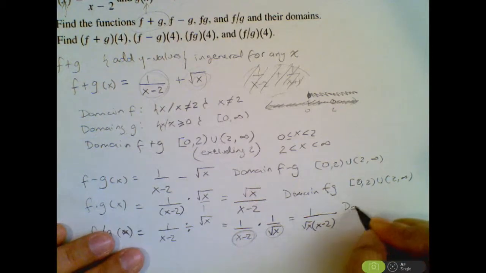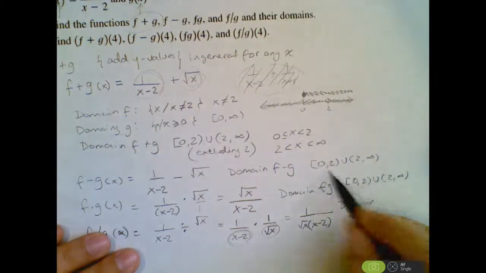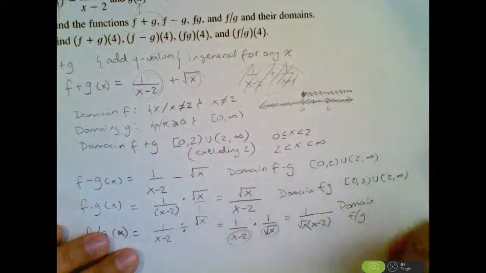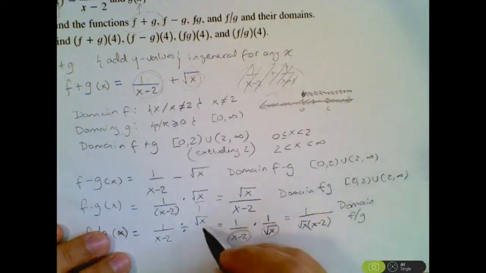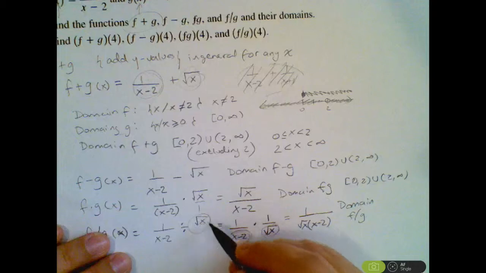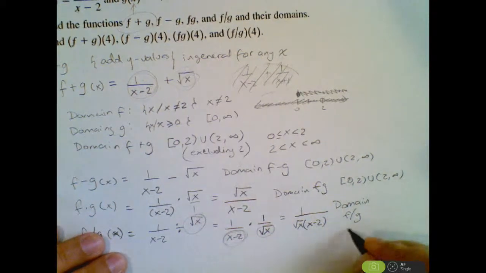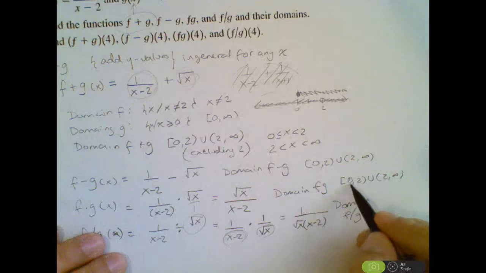So now let's talk about the domain. The domain of f divided by g is going to be the same domain as before. You just have to watch for g being different from 0. G is square root of x. Square root of x different from 0 means x is different from 0. So since x cannot be 0, it cannot be closed at 0.